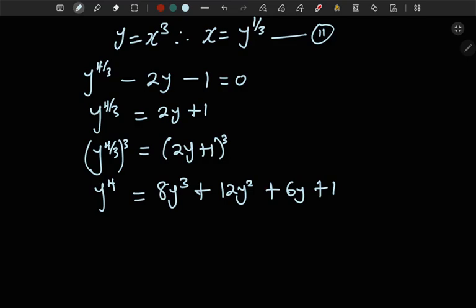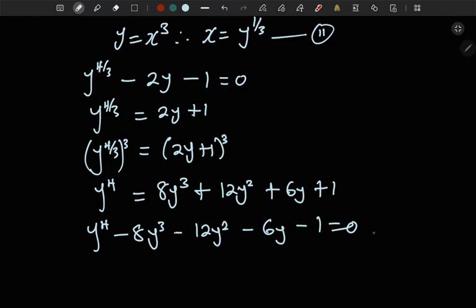And of course this is a quartic equation, which will finally be y raised to the power of 4 minus 8y cubed, sorry, that should be minus 12y squared minus 6y minus 1 equals 0. So this is the new equation, and it has the roots alpha cubed, beta cubed, gamma cubed, and delta cubed.